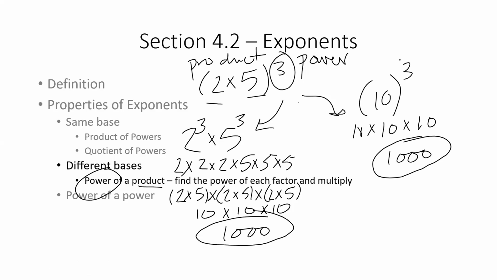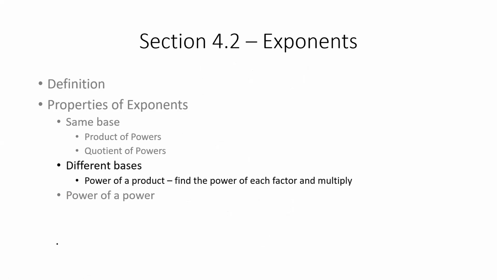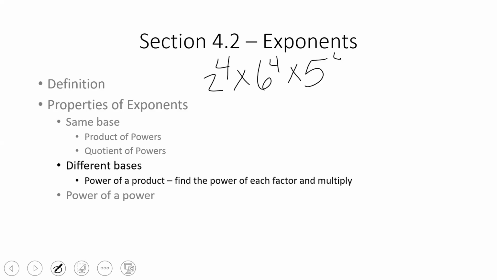Maybe one more example here for you. Let's say that we have a problem such as this: 2 to the fourth times 6 to the fourth times 5 to the fourth.